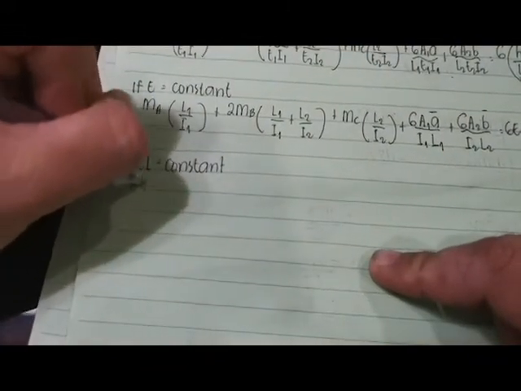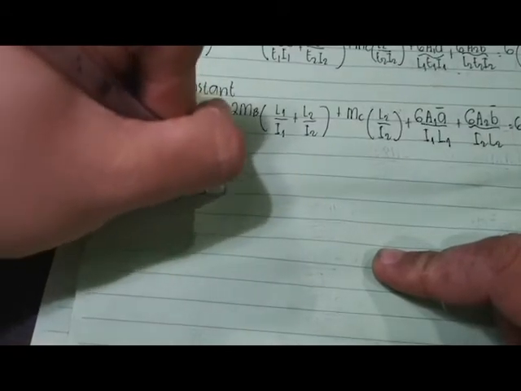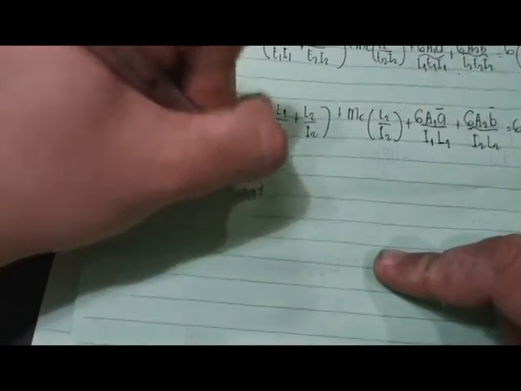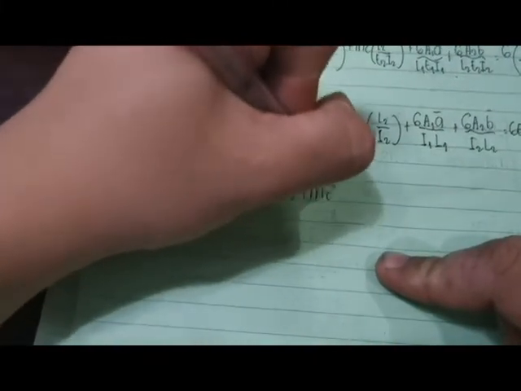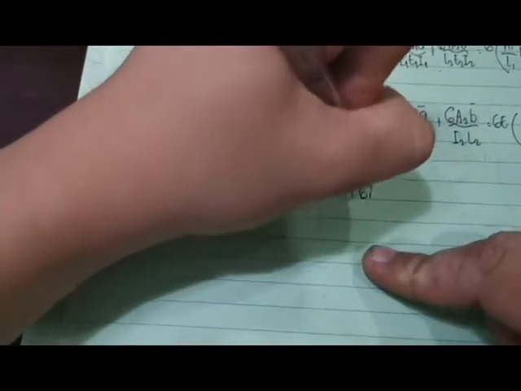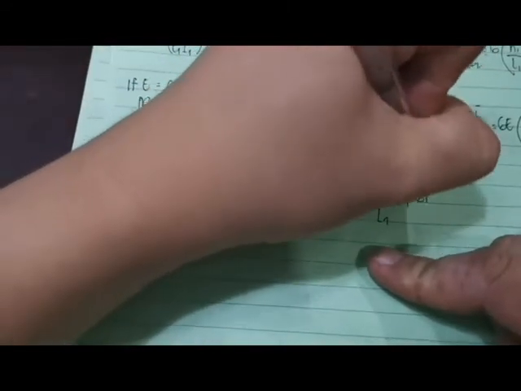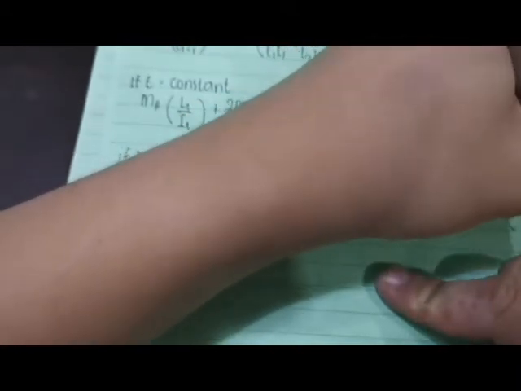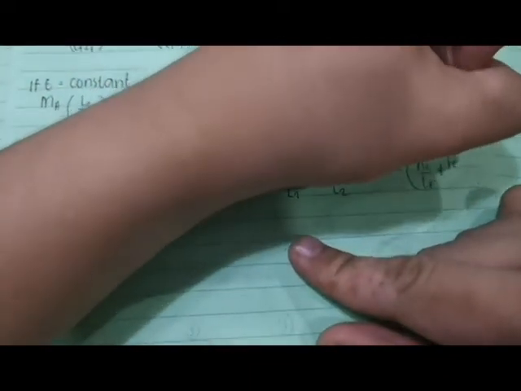So MA L1 plus 2MB times L1 plus L2, plus MC L2 plus 6A1A over L1 plus 6A2B over L2 is equal to 6EI times H1 over L1 plus H2 over L2.